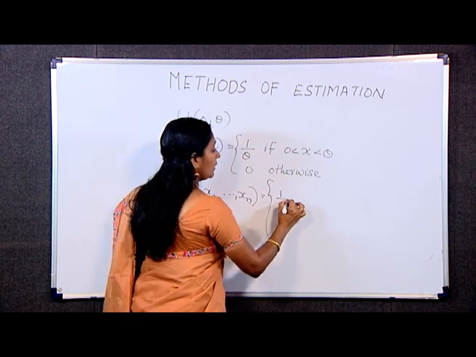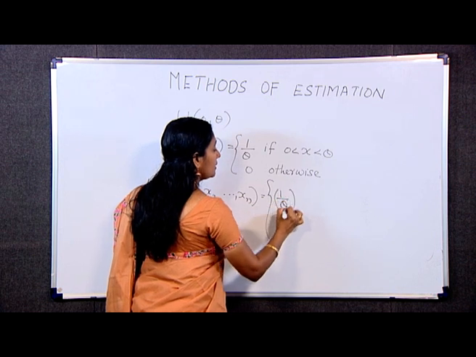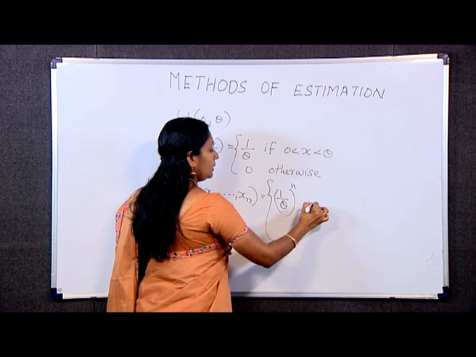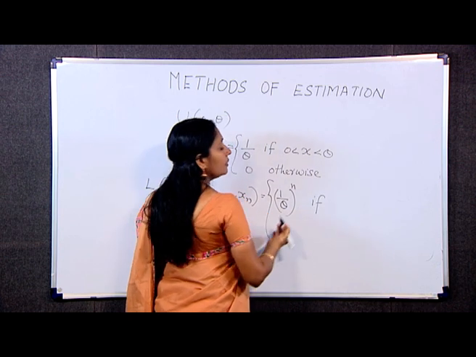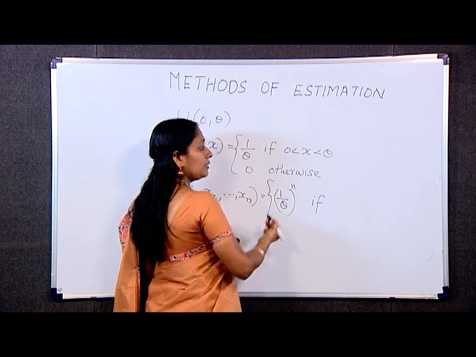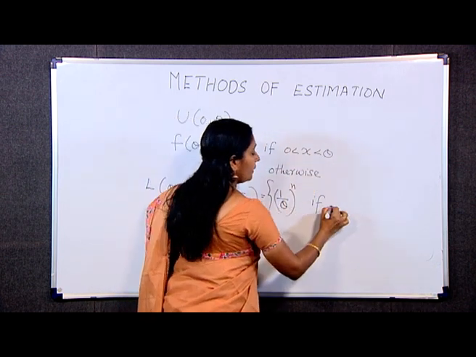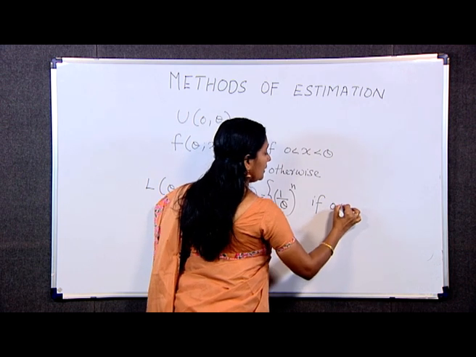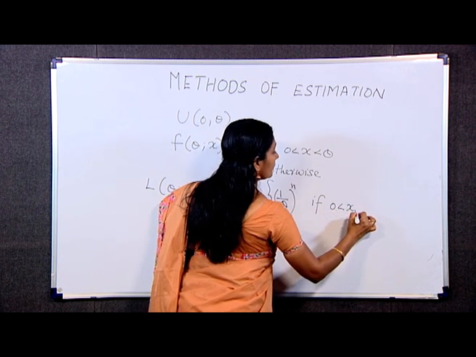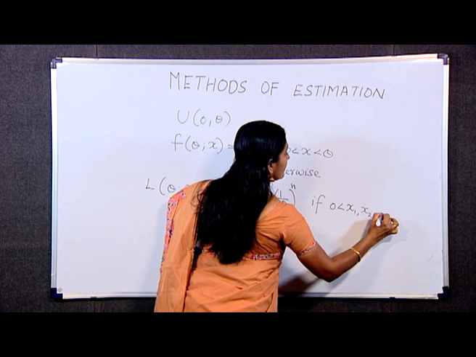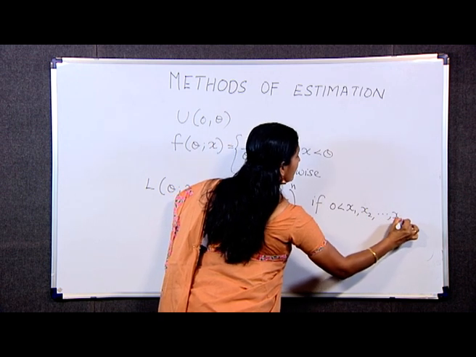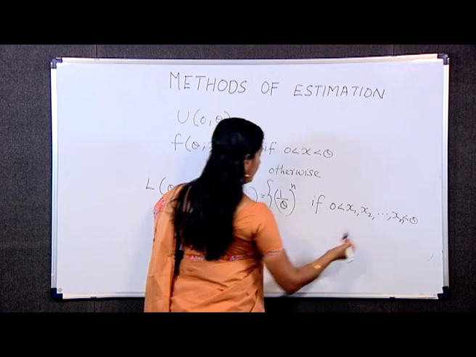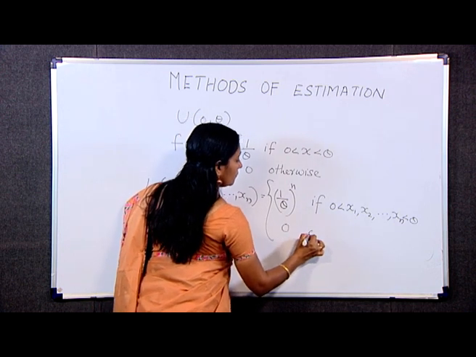So it is 1 by theta whole raised to n if the sample values are between 0 and theta, that is, if 0 less than x1, x2, ..., xn less than theta, and 0 otherwise.